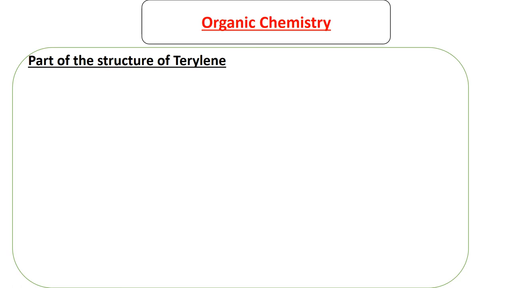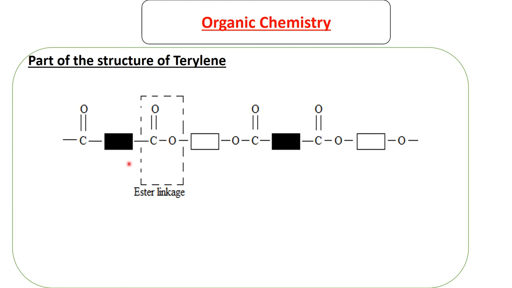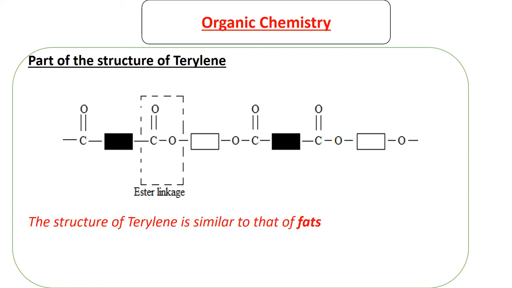Now we view a portion of the entire terylene. As you can see here, the acid and the diol combine, forming the ester linkage. This unit, from here to here, keeps repeating in the entire structure of terylene.